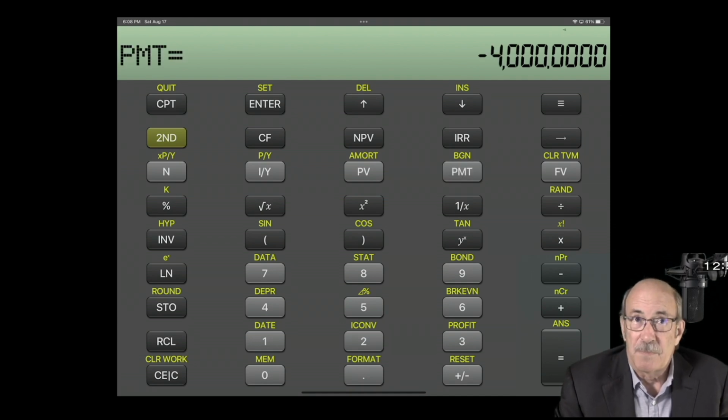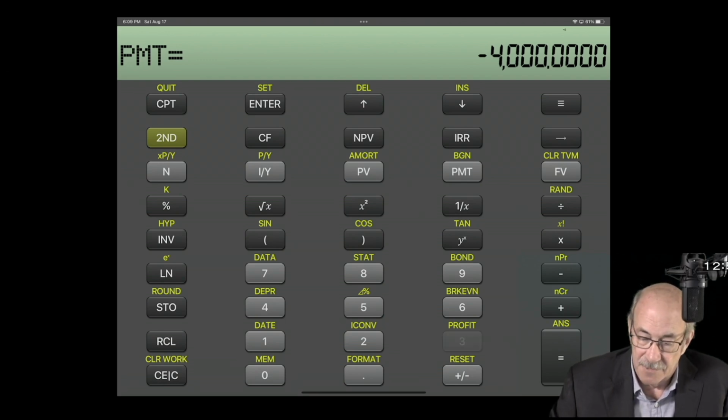And remember, this payment key assumes, the way I have the calculator set, and yours will be set that way too if you left it from chapter 5, that payments always occur at the end of the period. So the very first payment is at the end of year 1. The second payment is at the end of year 2, and the third payment will be at the end of year 3.